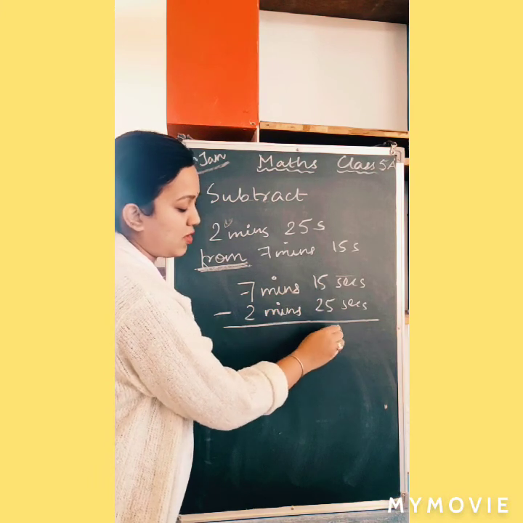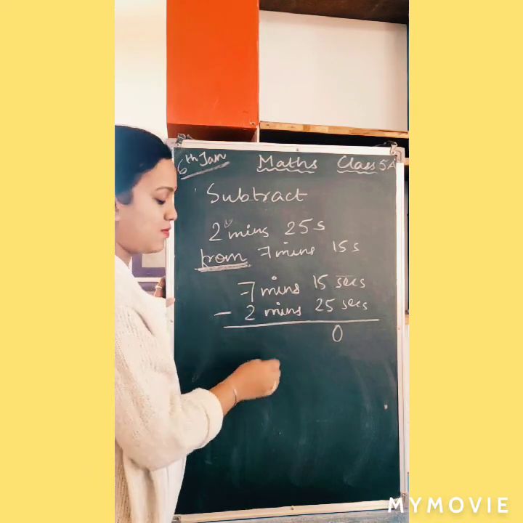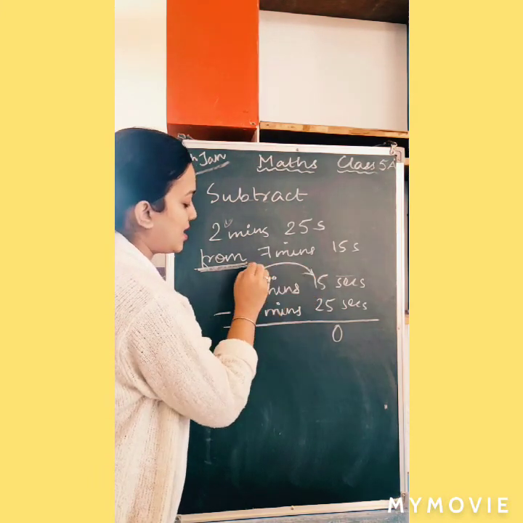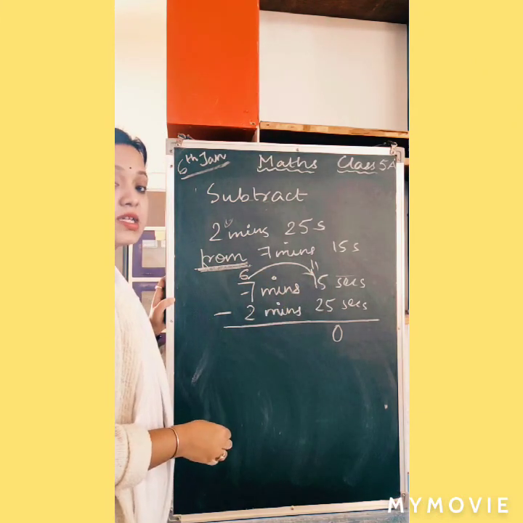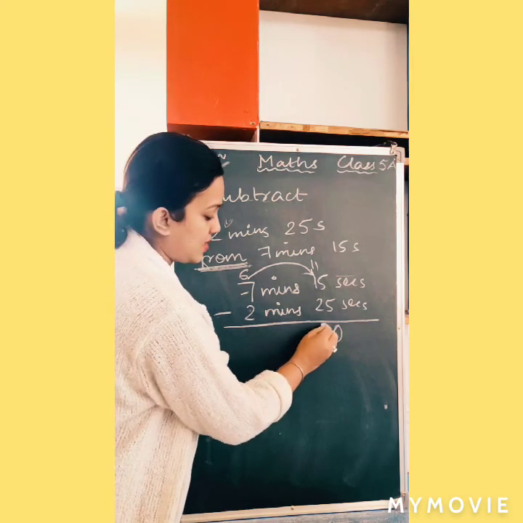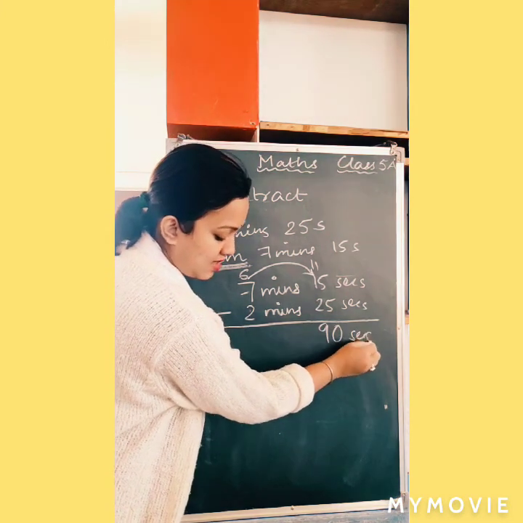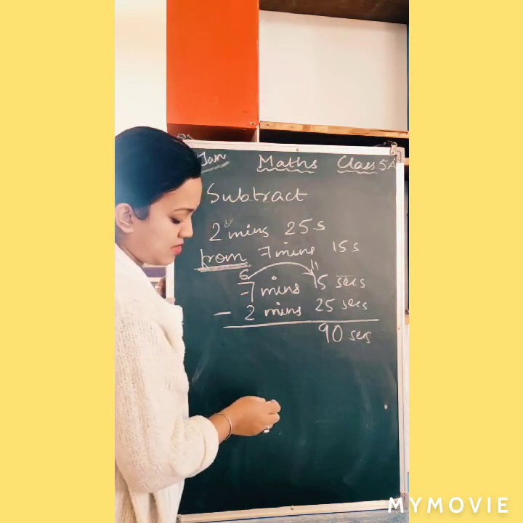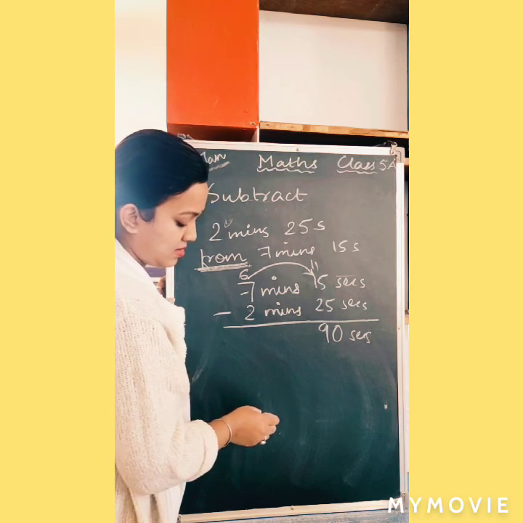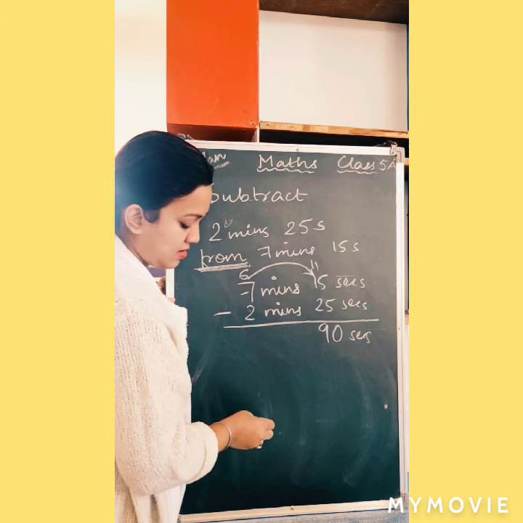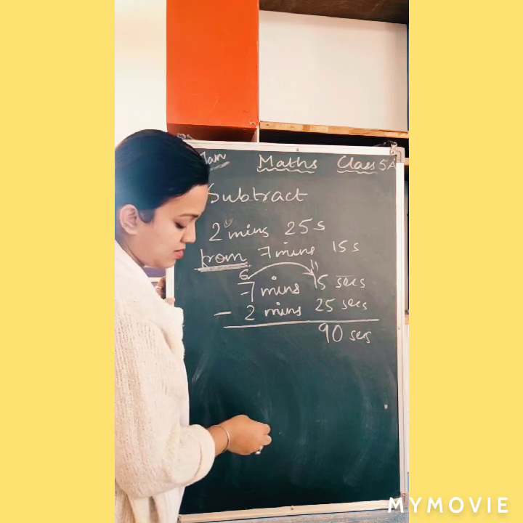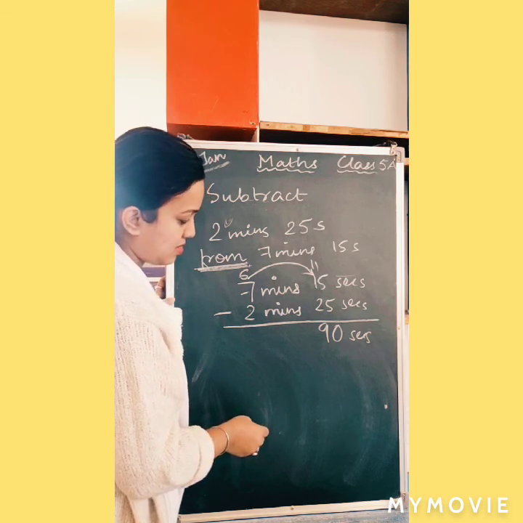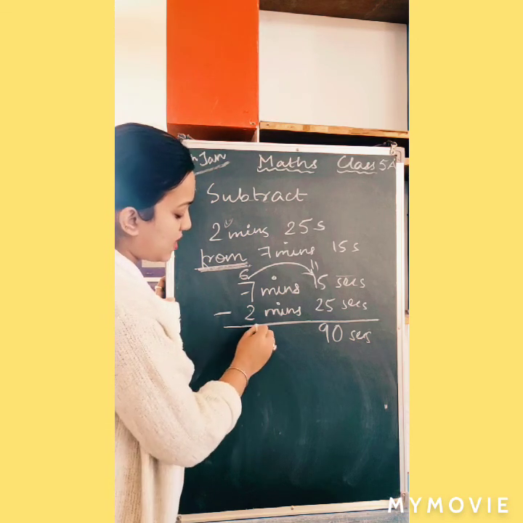5 minus 5 is 0, but 1 you cannot subtract from 2. So you can take a carry here, this becomes 6, this becomes 11. So 11 minus 2 is nothing but 9, and this becomes 4.